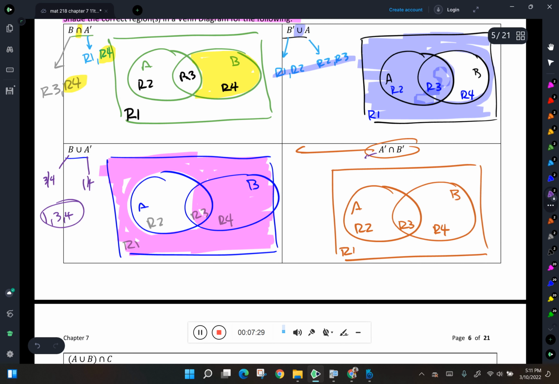A complement is going to be what? 1 and 4. B complement is going to be 1 and 2. The intersection of A complement and B complement is just Region 1. So it's just going to be the outside piece of this.